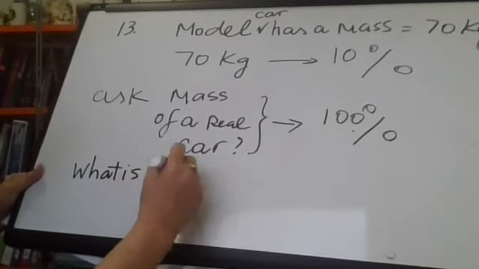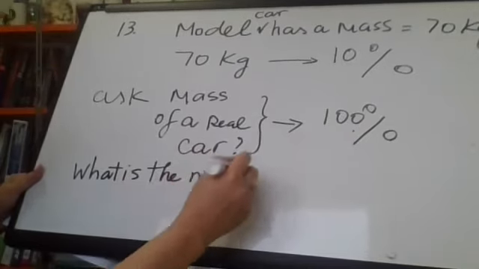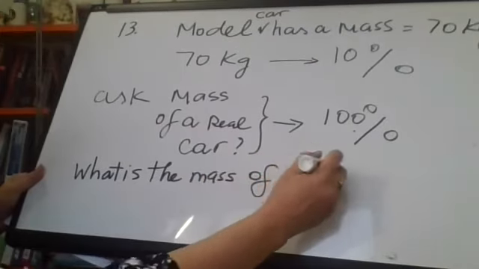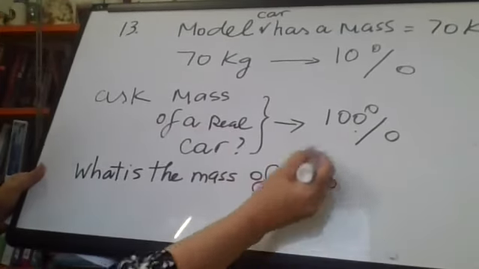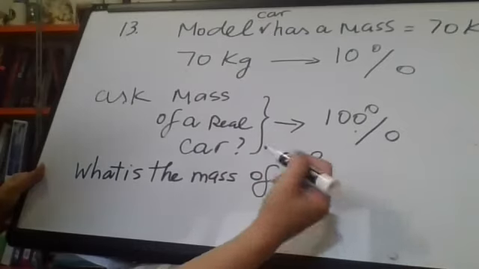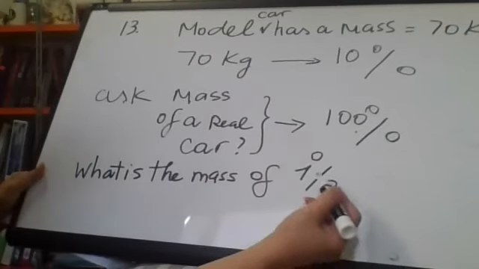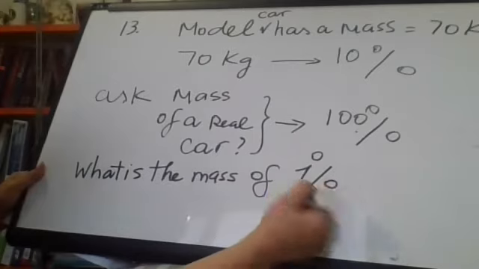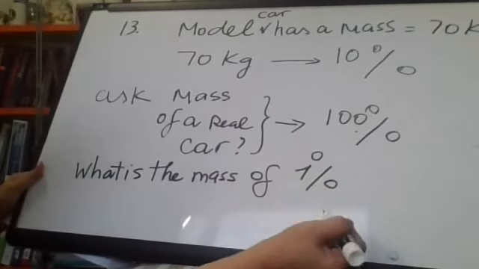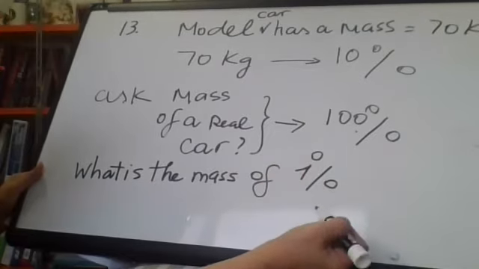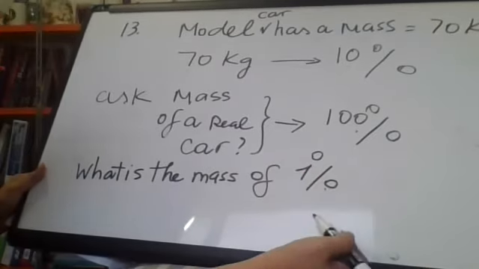So we're going to find the mass of 1%. And remember, 1% here is treated as the name of something, like the mass of a candy or whatever. It's not about the amount, it's just the name of 1%.